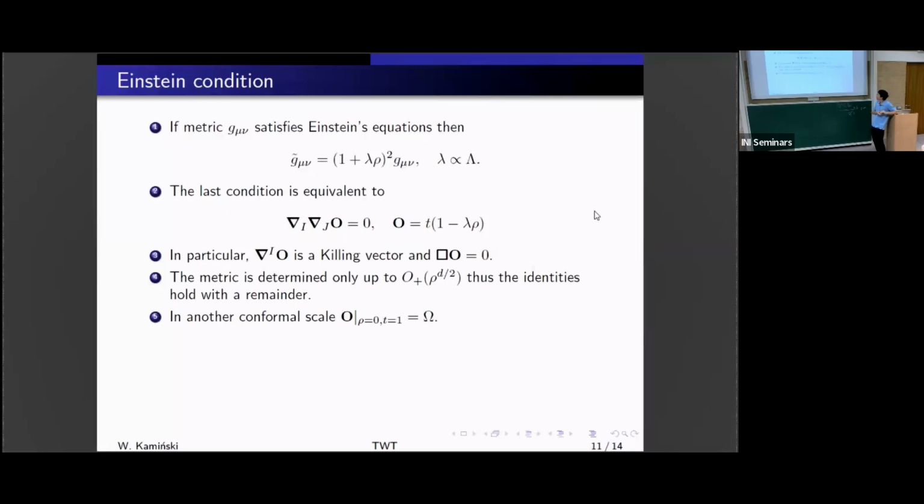I don't know who first found this; I think it's quite an old result. This O needs to satisfy that its second covariant derivative is 0, and this means that the gradient of this O is a Killing field.